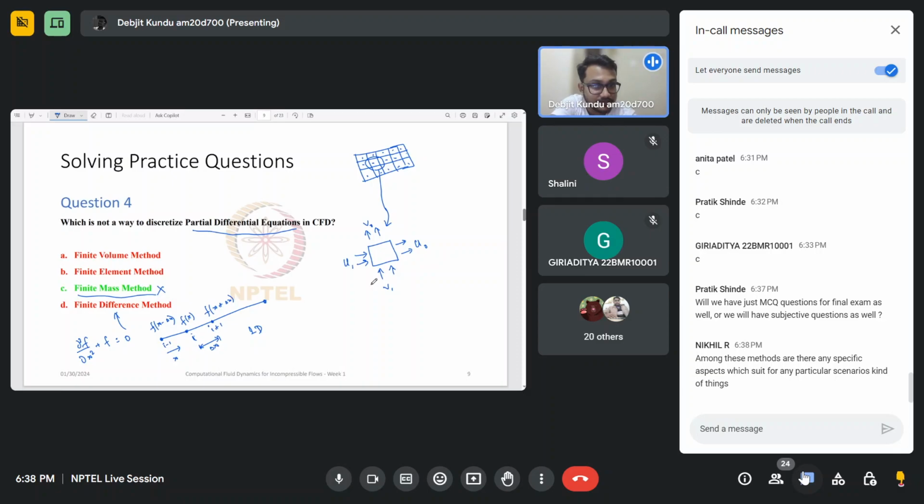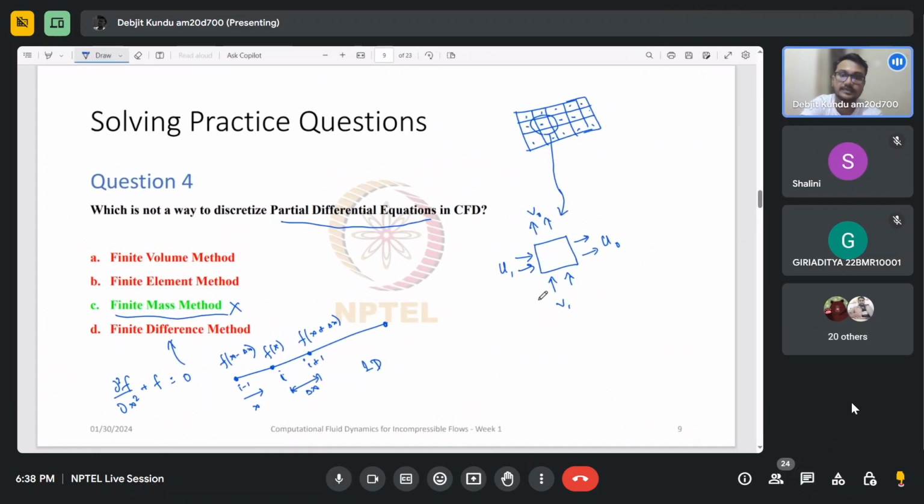Among these methods, are there any specific aspects which suit particular scenarios? Yeah. So the thing is, finite difference method works really well when you have regular geometries. The moment you go into irregular geometries, then finite volume method becomes more suitable. The example I can think of is, let's say, a straight pipe versus a bent pipe like this.